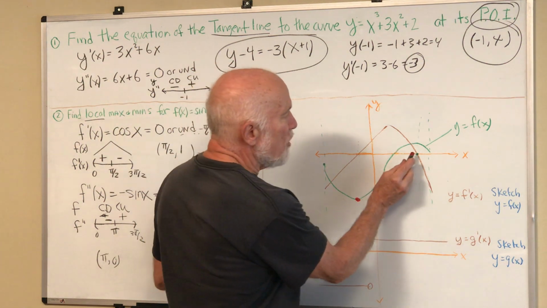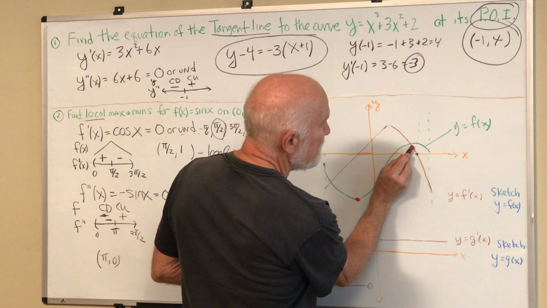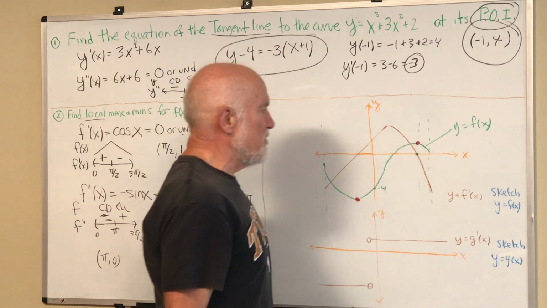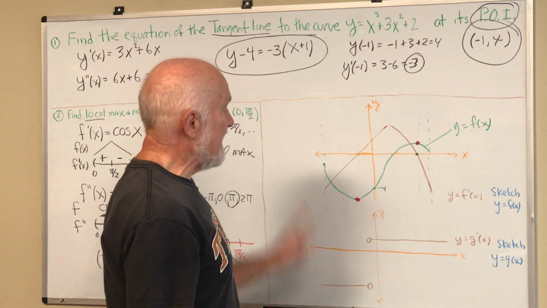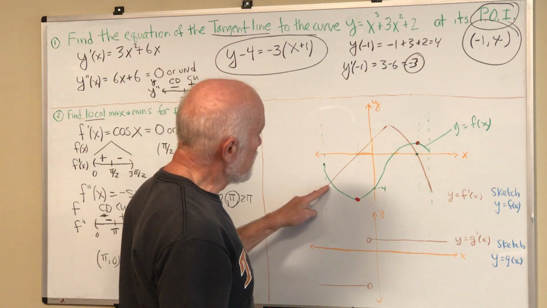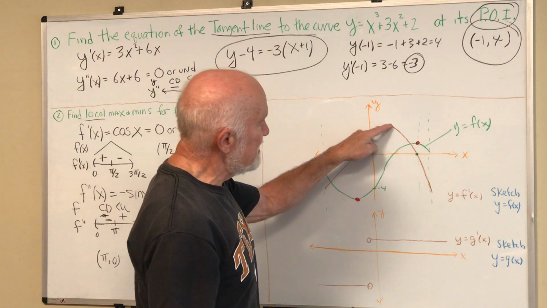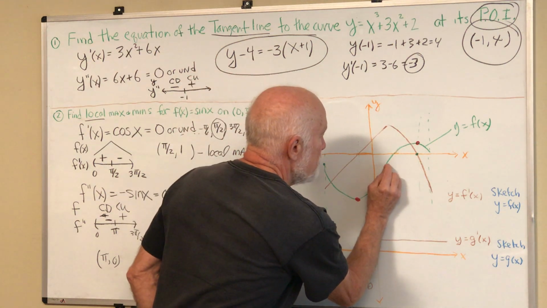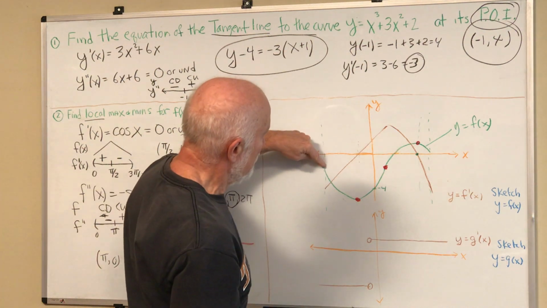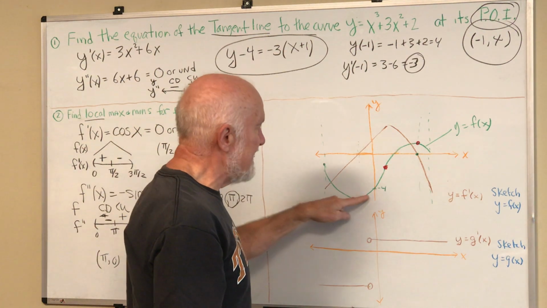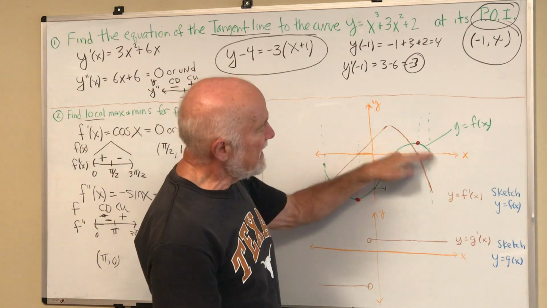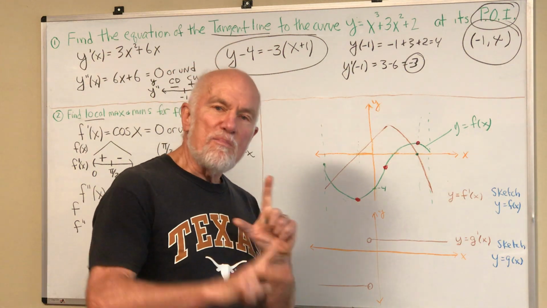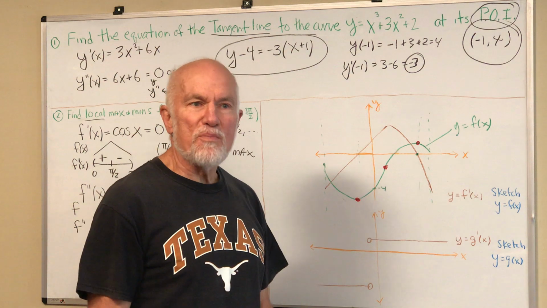And where a derivative goes from a positive value to a negative value, we get a local maximum. And guess what else? Where the derivative goes from increasing to decreasing, right here we get a point of inflection, where the function goes from concave up to concave down. So this is really pulling together a lot of really important ideas.